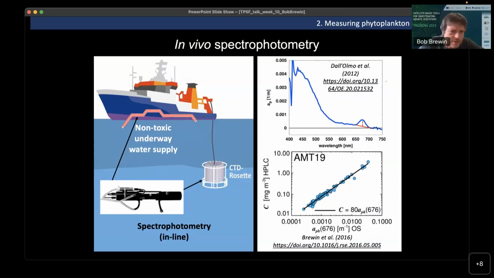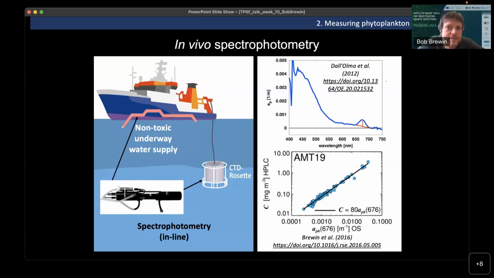This is an example, I think, on the bottom left of an ACS, where water can be pumped through the ACS, and it measures the absorption coefficient of particles if you do a filter, no filter system, and you can get very accurate measurements of particulate absorption as a function of wavelength, shown on the top right there. And of course you have this absorption bump in the red, which is directly related to the chlorophyll A pigment. And if you look at the height of this bump, it's very tightly correlated with the chlorophyll concentration.